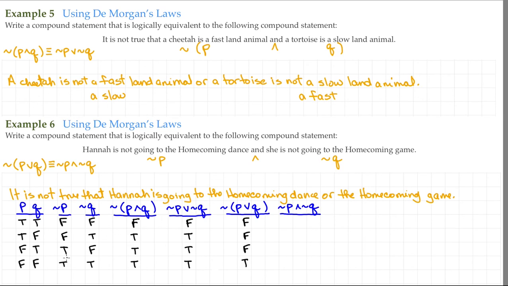That happens right down here. Here it is true. Other than that, it's going to be false. And of course, as you can see, these truth values match up with these here. So these two are logically equivalent.